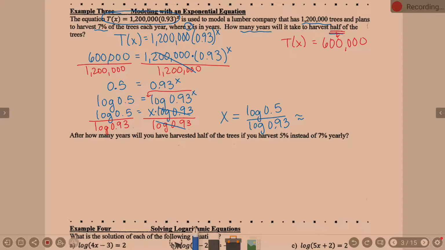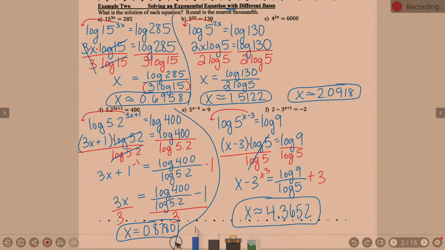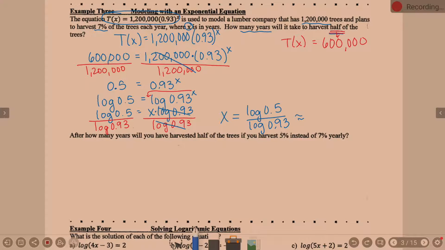And in fact, it was problems like this, where there were 2 pieces, a 3 log 15, a 2 log 5. That's when we had to have the parentheses around the denominator. This one, you don't have to. Now, you will have to end the parenthesis when you do the log of 0.5, but then you don't have to put parentheses around the denominator.